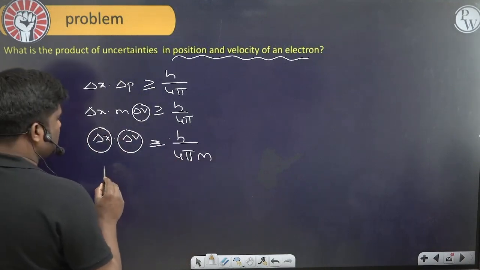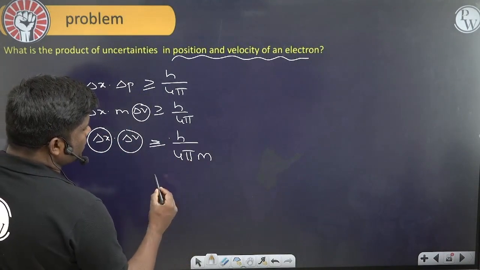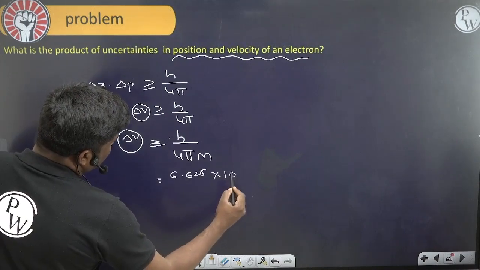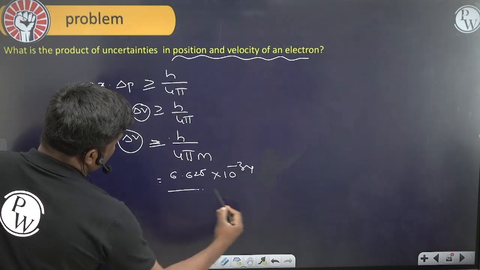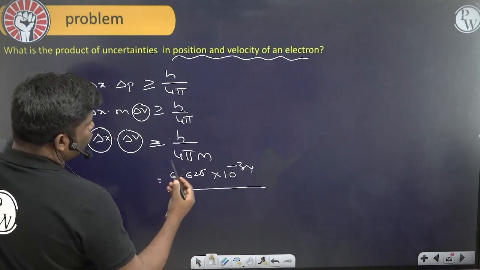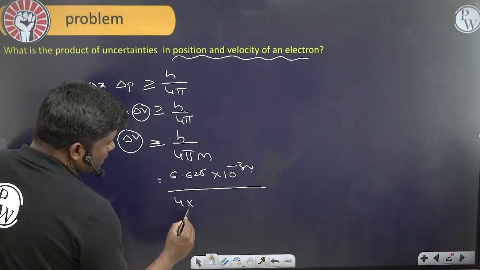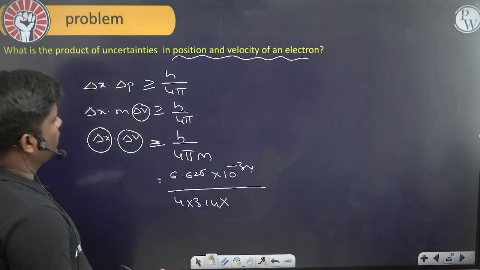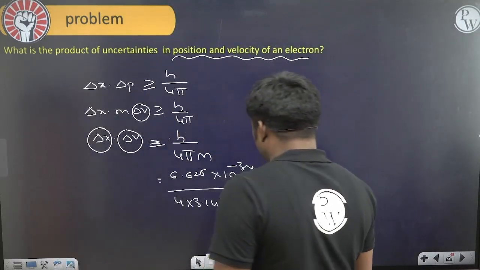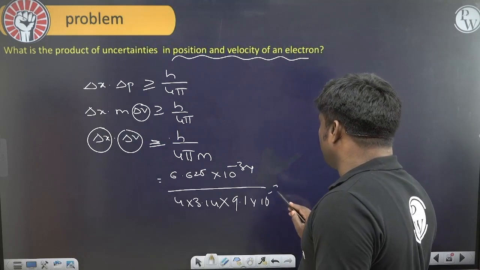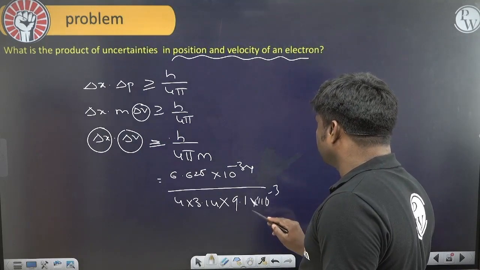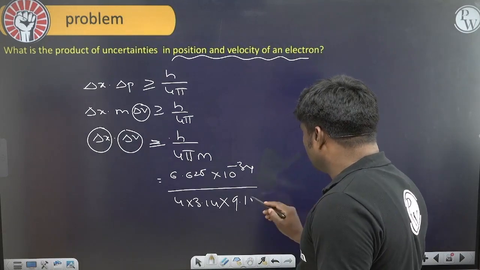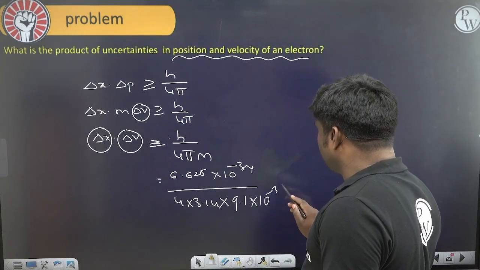So delta x into delta v is greater than or equal to h by 4 pi m, that is 6.625 into 10 to the power minus 34, divided by 4, pi is 3.14, and m is the mass of the electron, 9.1 into 10 to the power minus 31 kg.